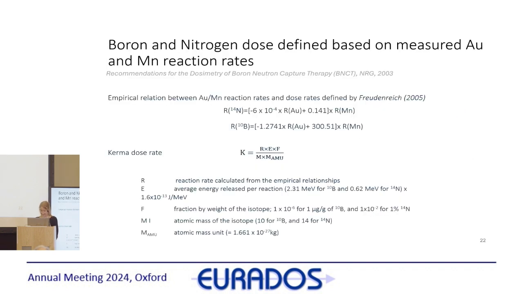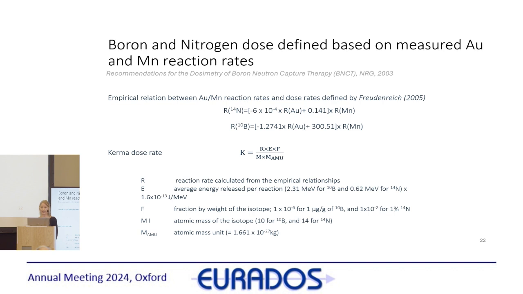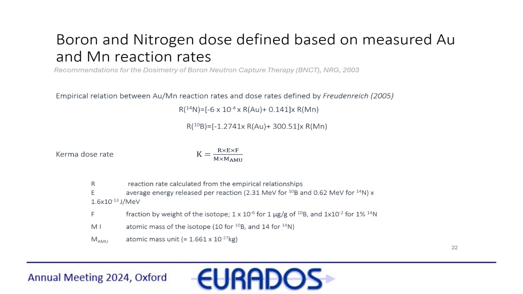And these reaction rates of manganese and gold can be converted actually to nitrogen capture reaction dose, and also boron capture reaction dose if you use empirical relation published by Freudenreich. So you can use manganese and gold reaction rate measurements to define boron and nitrogen dose rate. And that's actually what we have done when we have commissioned our dose calculation system.